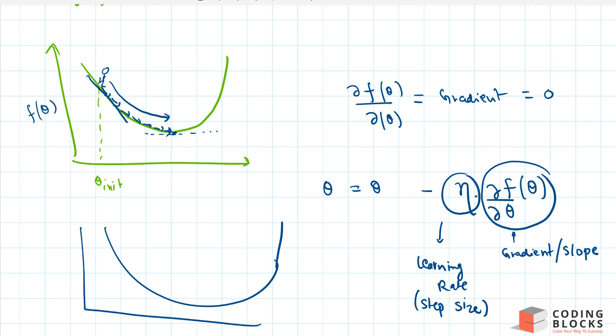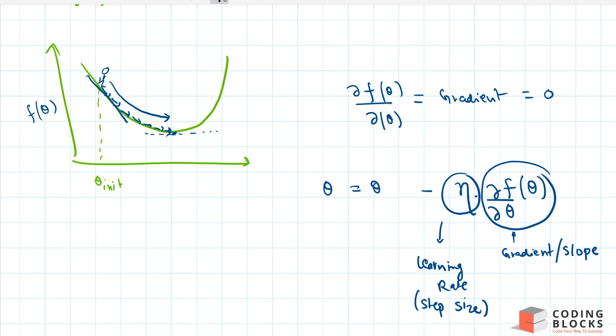So this is a hyperparameter you have to try. You have to try what is the best learning rate for the given problem, right? Generally it is kept small, a small constant.